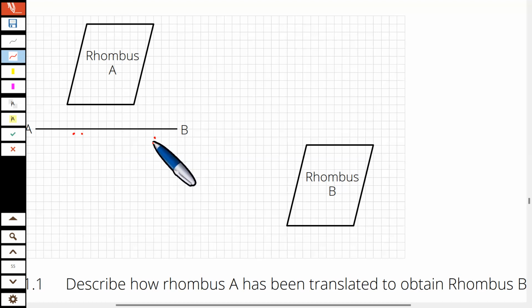It was here, then you have 1, 2, 3, 4, 5, 6, 7, 8, 9, 10, 11, 12, 13, 14, 15, 16, 17, 18, 19, 20, 21, 22, 23, 24, 25, 26, 27, 28, 29, 30.